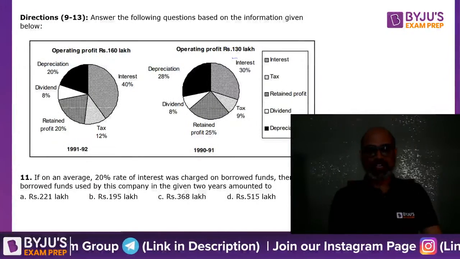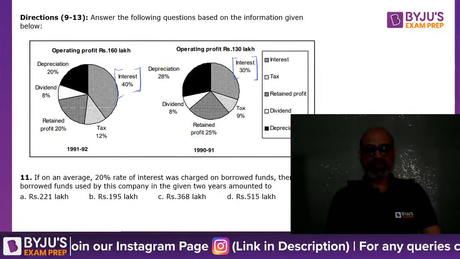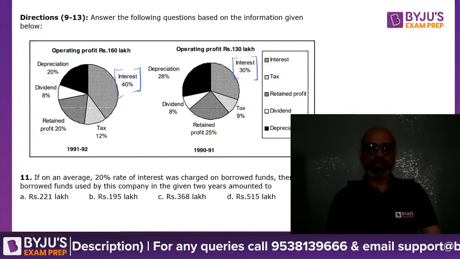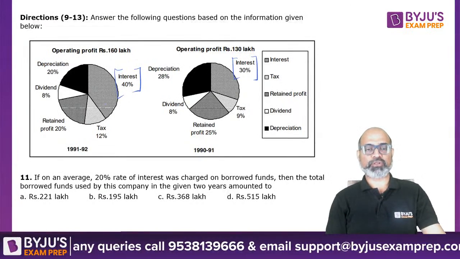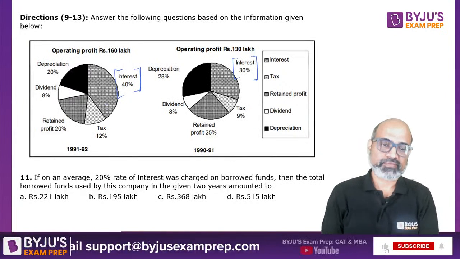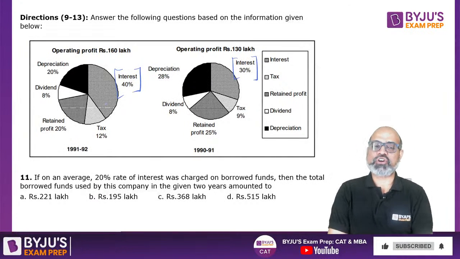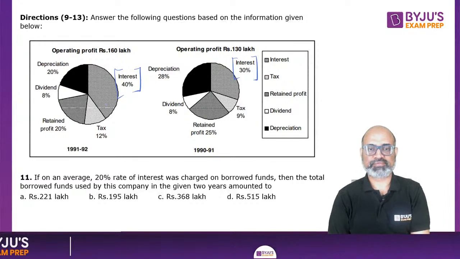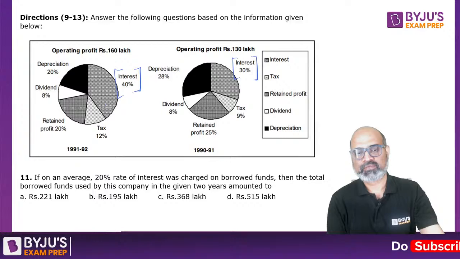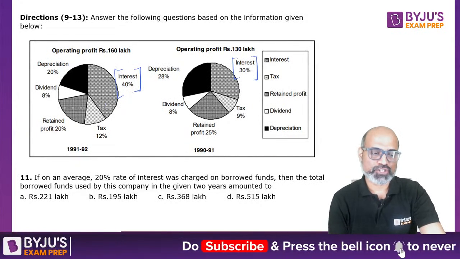So we have the interest. So it says on an average. So what does this mean? What calculation do we have to do?